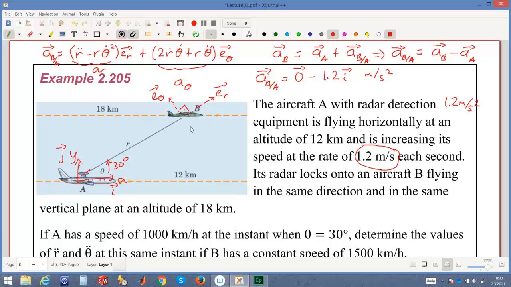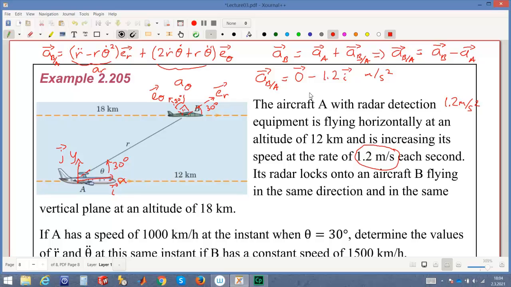Now, after this point on, based on this 30 degrees, and this is 30 degrees as well, this is also 30 degrees, I can now find the e theta and e r unit vectors in terms of i and j. And if I can do that, then the next step will be taking the projection of this relative acceleration onto the e r and e theta directions. And as a result of that, I will find the a r and a theta components.